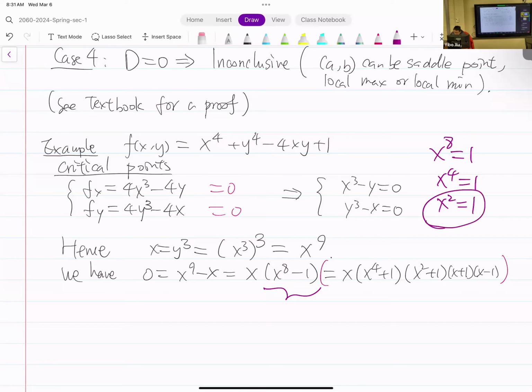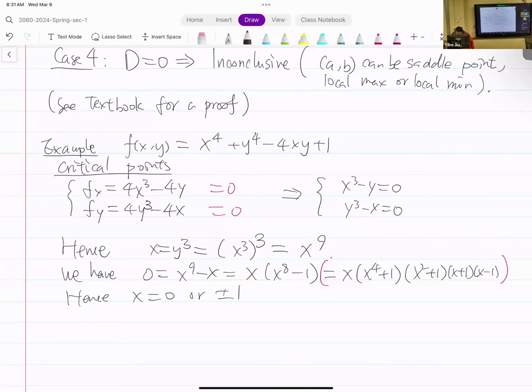So now x squared equals 1, which tells you x must be either +1 or -1. So this is another way to think about it. But either way, you have to do something reasonable to get the conclusion that x must be 0 or +1 or -1. And there are 3 solutions.